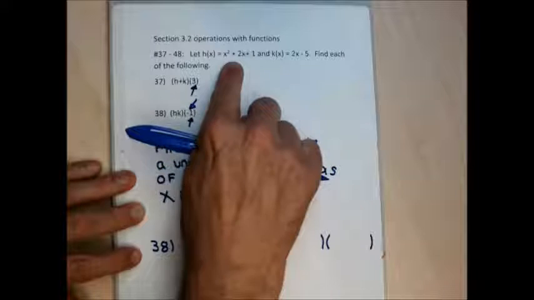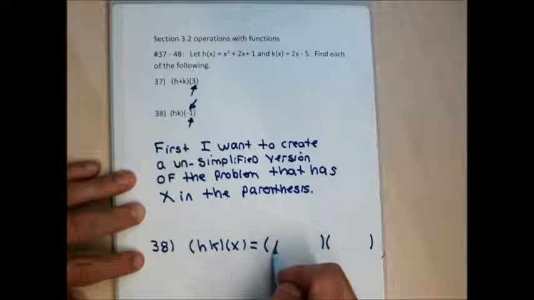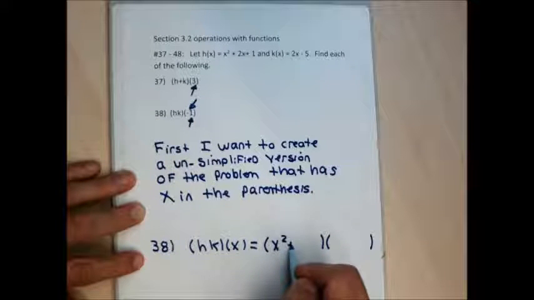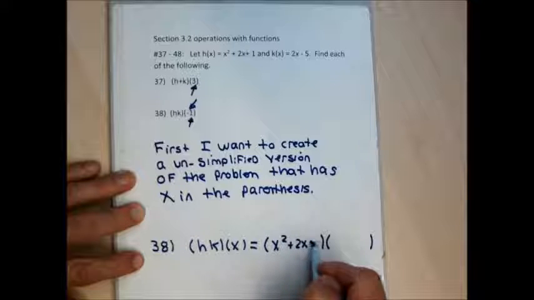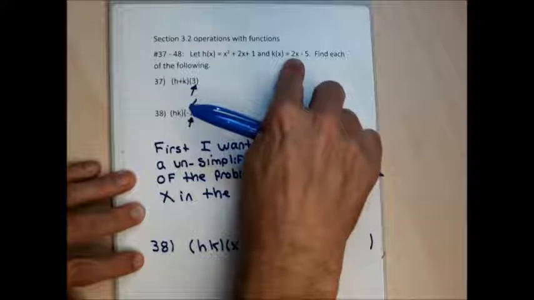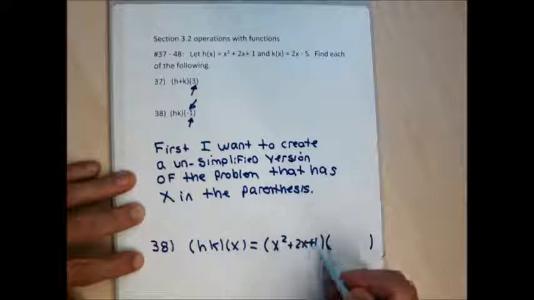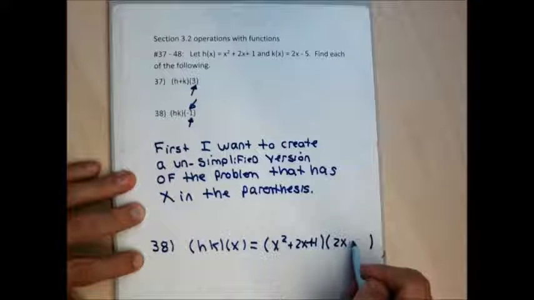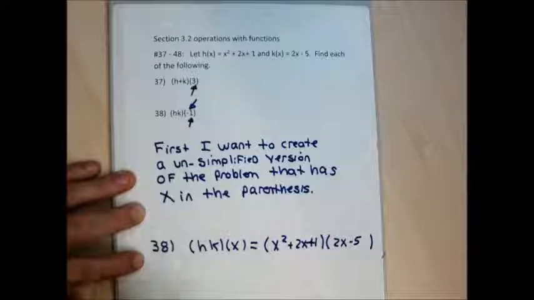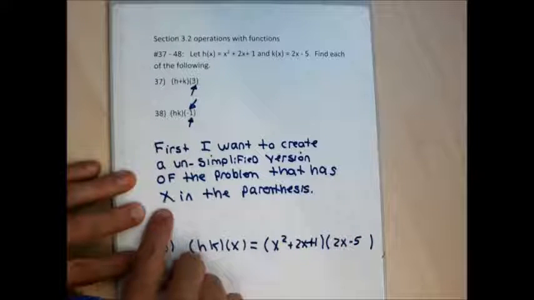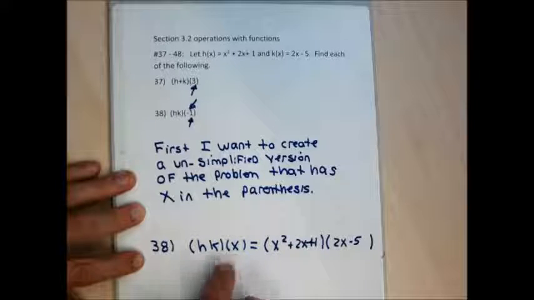In the h parentheses, I'm going to put in x squared plus 2x plus 1. And for the k parentheses, I'm going to put a 2x minus 5. I did the h first and the k second. This I would consider an unsimplified version of the problem that has an x in the parentheses.